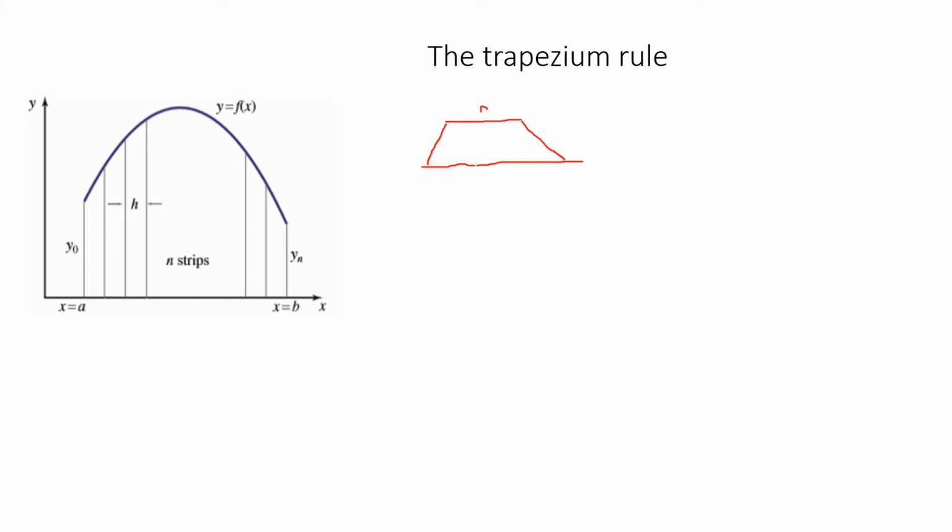This side say A, this side is B, they will be parallel and the height between the two sides will be h.